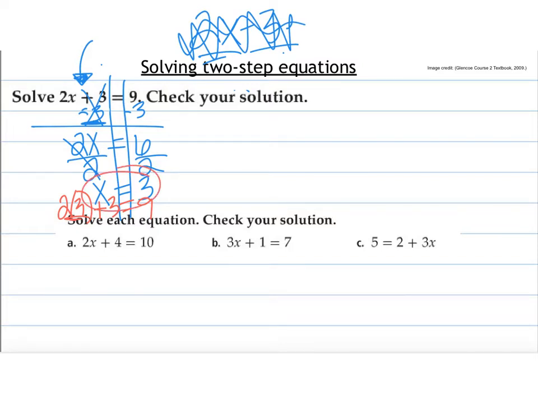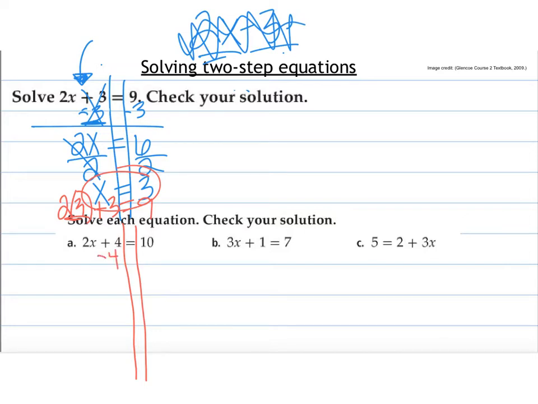Okay, let's do another one together. 2x plus 4 equals 10. So 2 times something, and then adding 4 equals 10. So we have to kind of backtrack and go backwards in reverse order to get to x. So 2x plus 4 equals 10. I get rid of my 4 first because that's my addition one.